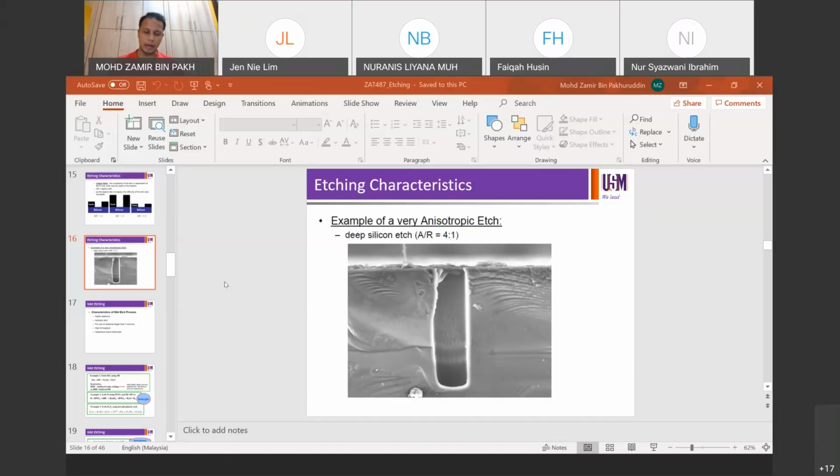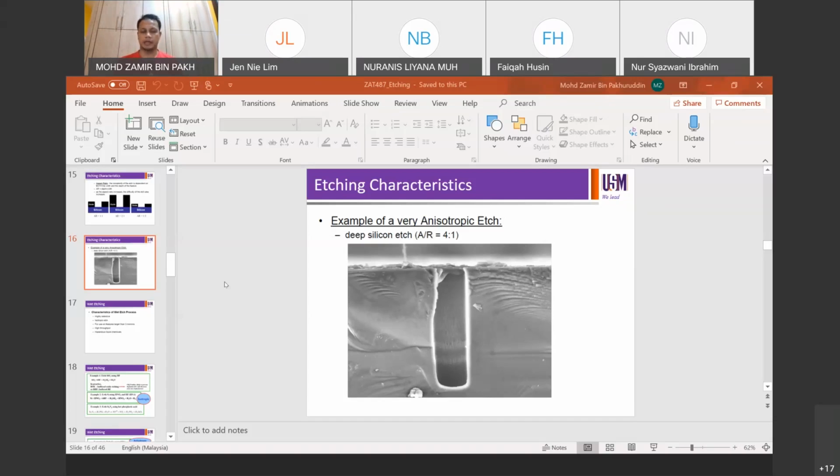Apa beza antara wet and dry? Wet etch uses wet chemical. How about dry etch? Dry etch uses plasma. Good.